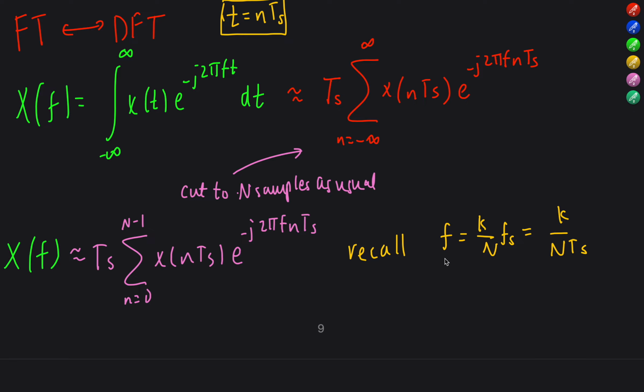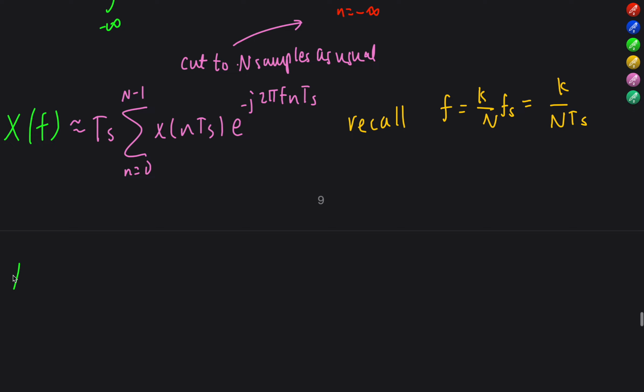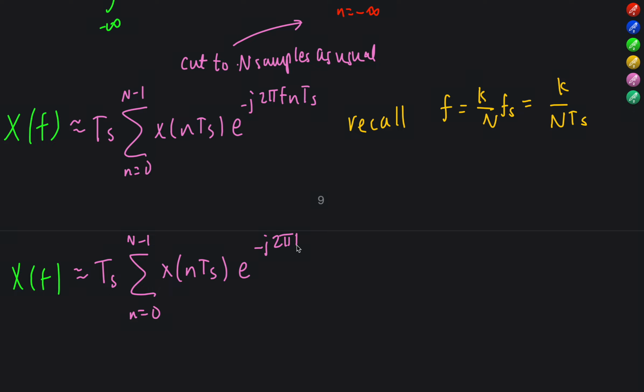I'm going to take that f and plug it in here. So now x of f can be approximated by ts times the sum from n equals 0 to N minus 1, x of nts, e to the minus j 2 pi times k over N ts times nts, and then I'll be left with kn over N.